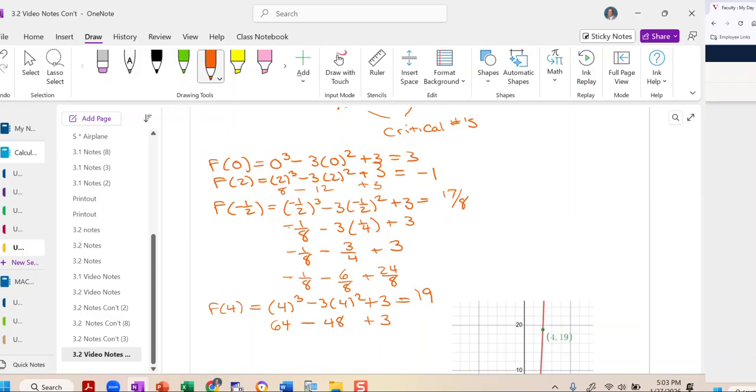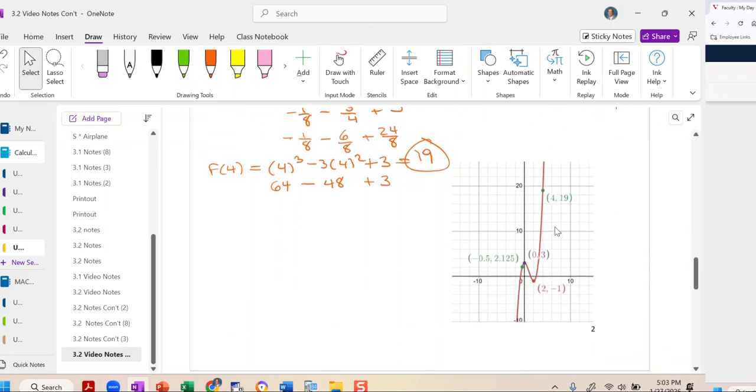So you have an absolute maximum of 19 at x equals 4. And then you have the absolute minimum of -1 at x equals 2. So those are the absolute max and min.